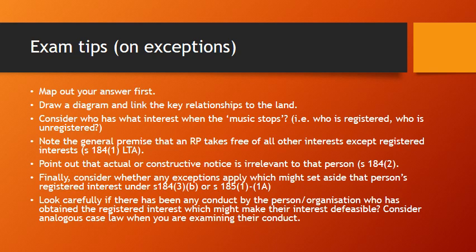What I do is I draw a very basic diagram, just put squares and boxes and talk about who's registered and who isn't. And then I link the key relationships to the land, to that person, right? So you're essentially following where the interests in that land start and stop. Then what happens is your factual scenario will be set against a time frame.